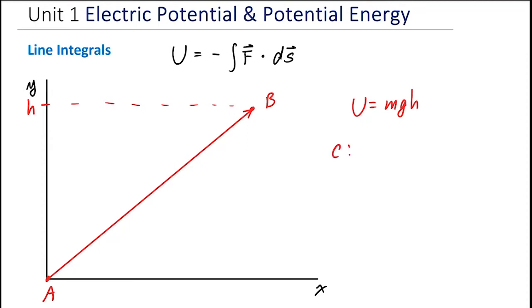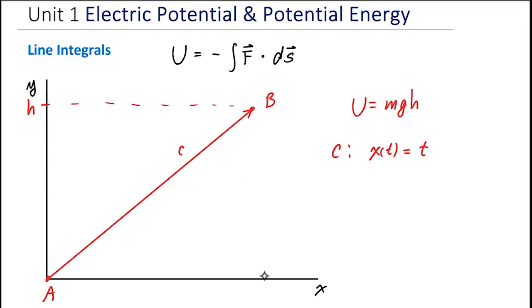So C describes this path. Now, the vector function r, for the people who have never seen a vector function, parametric function x of t, we can just write it like this. It depends on what this angle is.